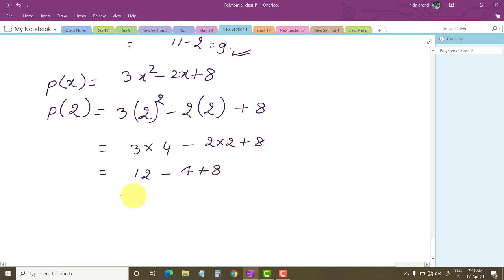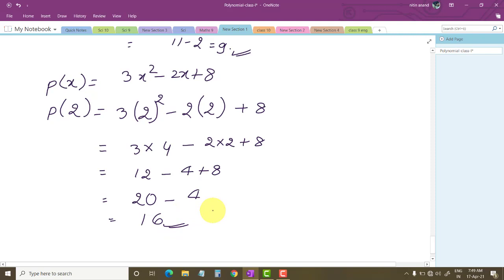Firstly we add the numbers 12 and 8, both have plus sign, so 12 and 8 becomes 20. Then 20 minus 4 is 16. Clear, students?